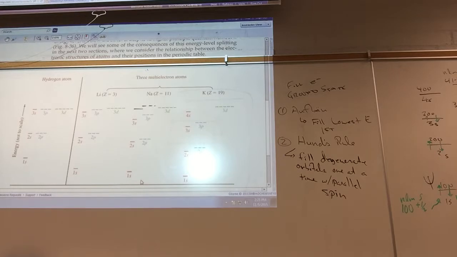The valence shell, we have different electrons here. For example, these inner shell electrons are called the core electrons. Inner shell electrons are core. And then the outer shell electrons are valence. The outer shell. But we're going to redefine this a little bit.